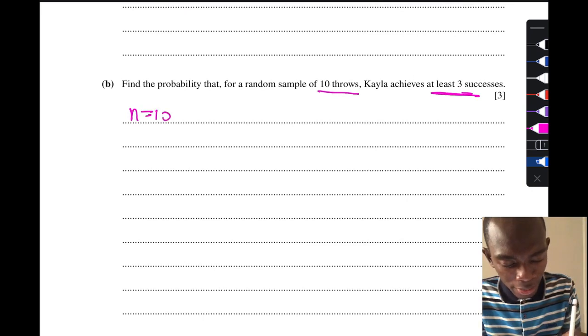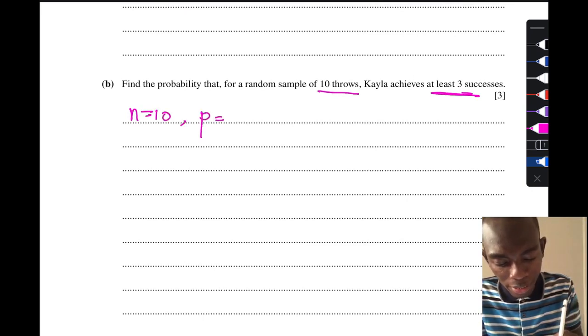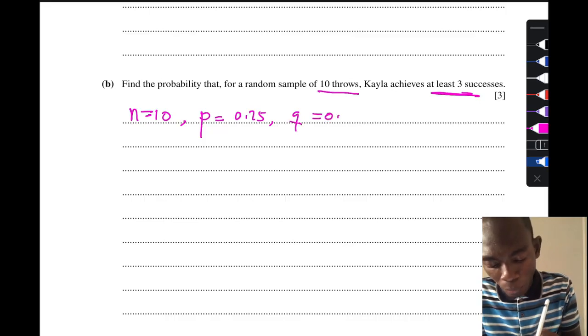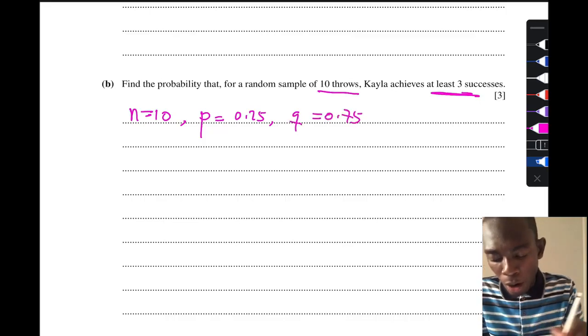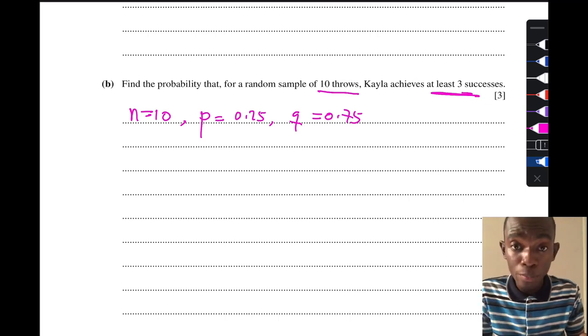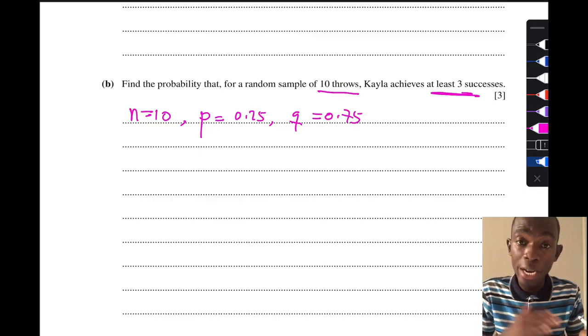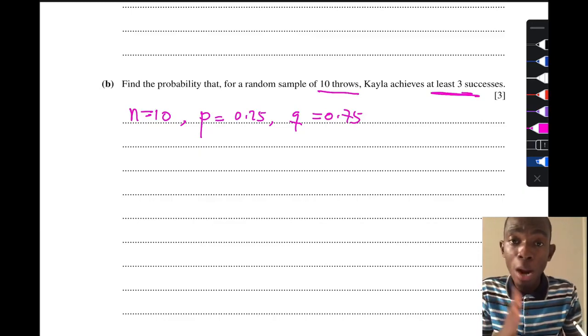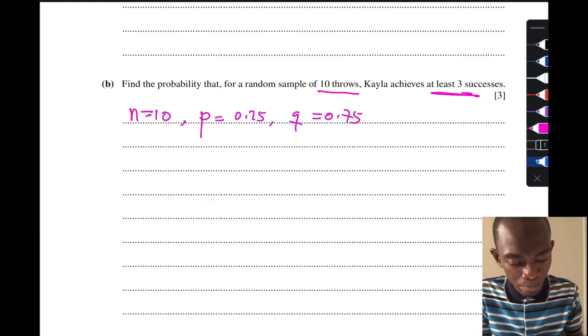All right. So now we know n is 10. We know the probability of success is 0.25. The question gave us. So the failure is 0.75. All right. And now these are conditions for binomial actually. So at least 3, it means 3 and above. So I'm rather going to do 1 minus below 3. Okay.